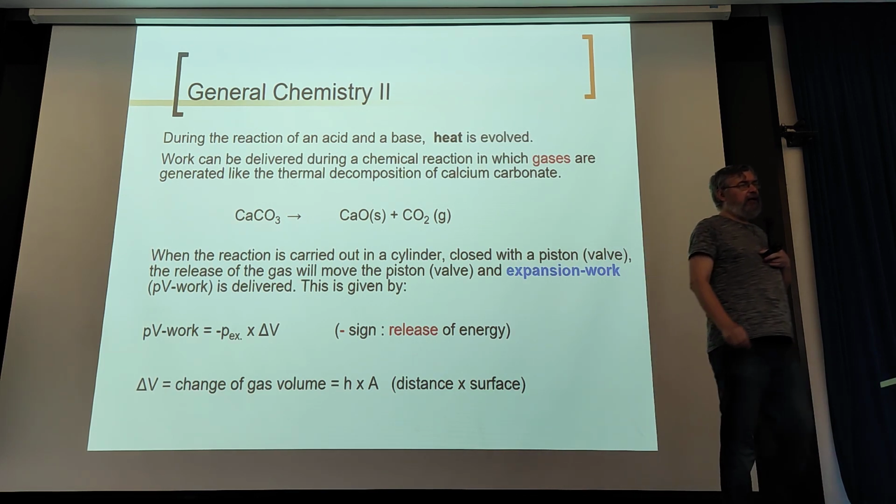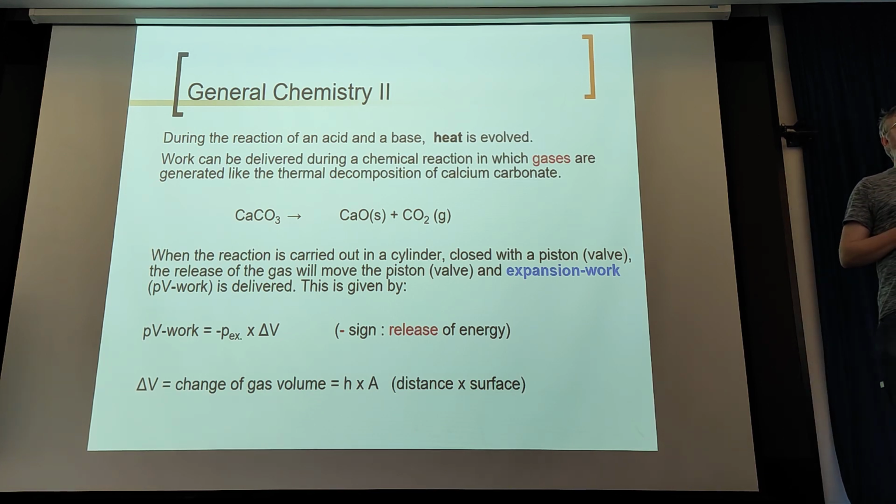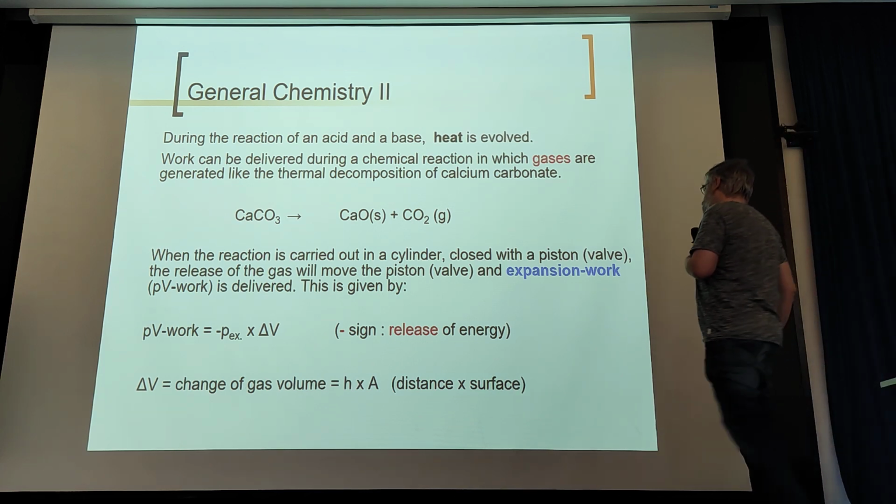Interestingly, there's a minus sign. Why is there this minus sign? It's because the system is giving expansion work away to the environment, so it has lost energy. So this is a negative number.